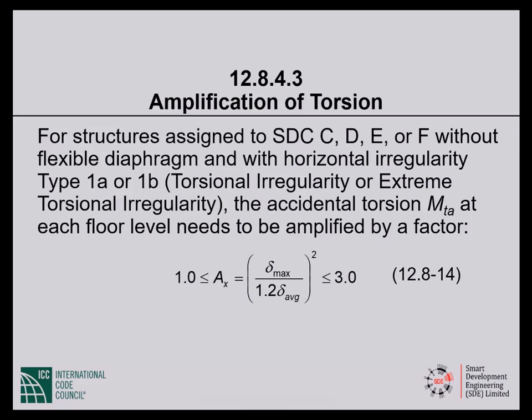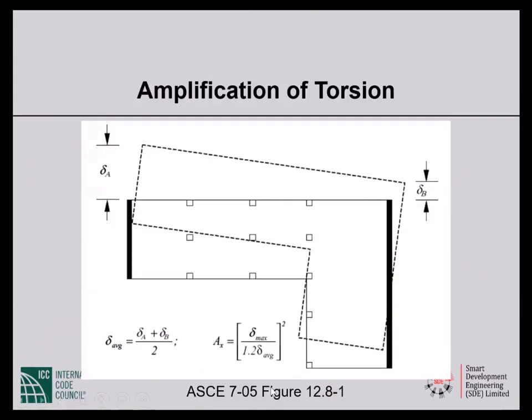So for structures assigned to design category C, D, E, and F, forget about E and F in your case, but C and D, amplification of accidental torsion. Without flexible diaphragm, with horizontal irregularity 1A, 1B, the accidental torsion at each floor level needs to be amplified by a factor A sub x up to 3, where A sub x is the maximum deflection divided by 120% of the average deflection.